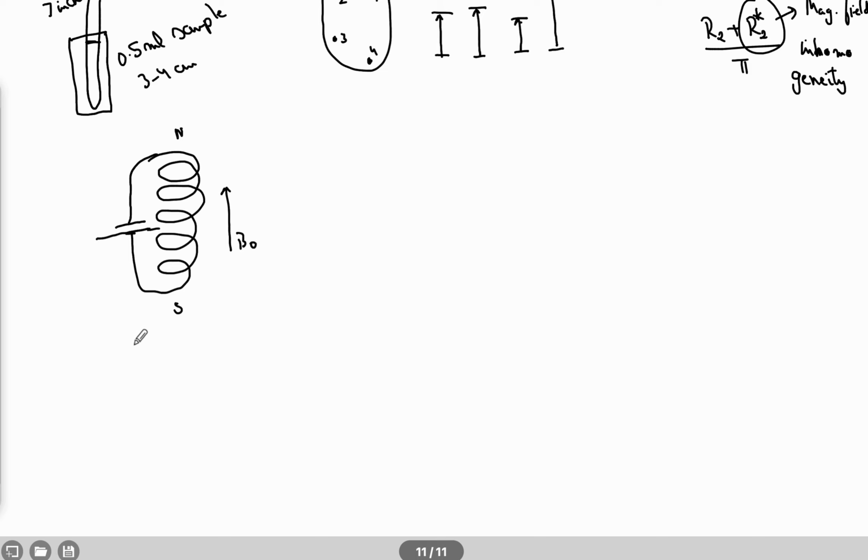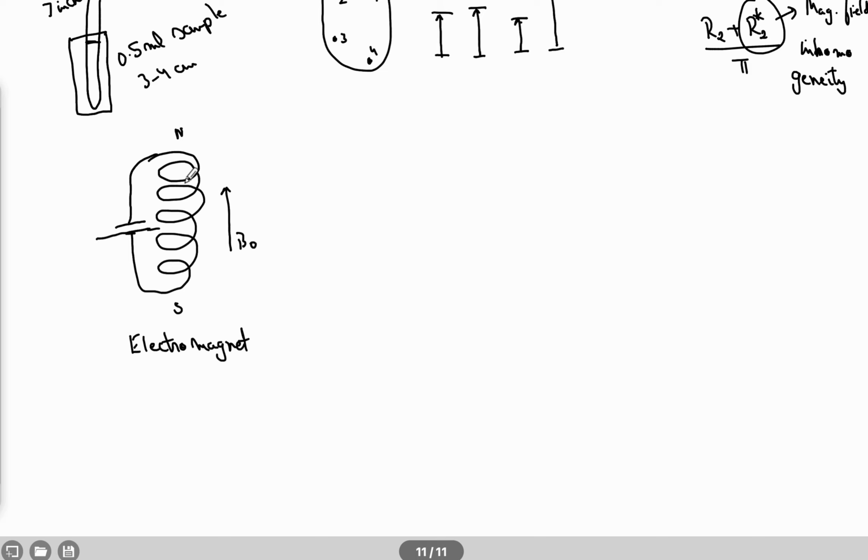This is a typical electromagnet, which you must have made as a school kid by connecting a solenoid with a pencil cell, and then you see that nails get stuck to this and it starts acting as a magnet, right?